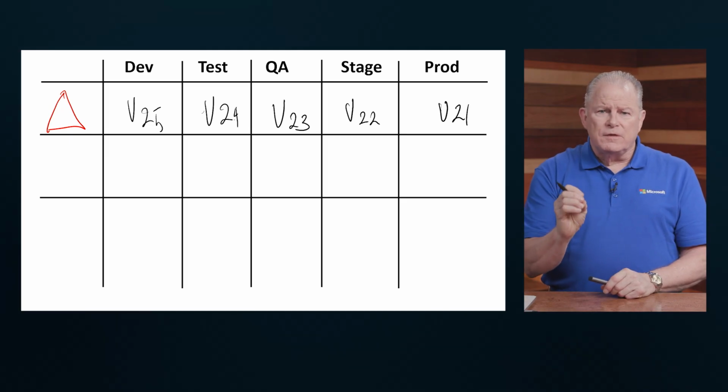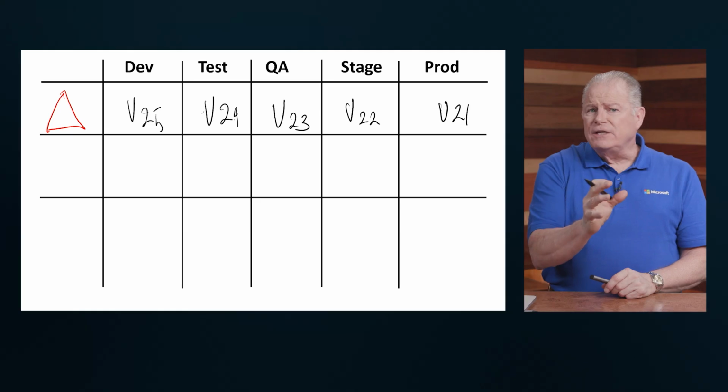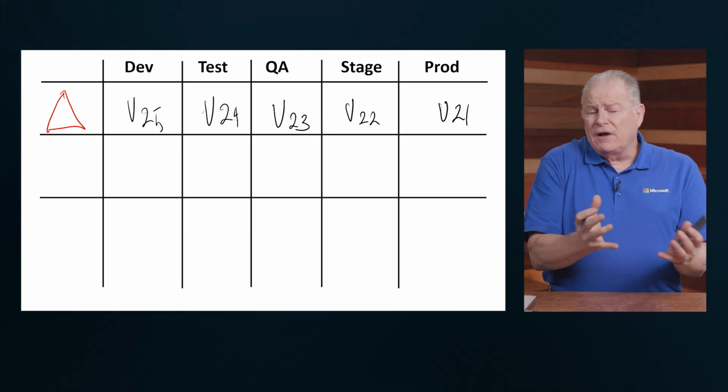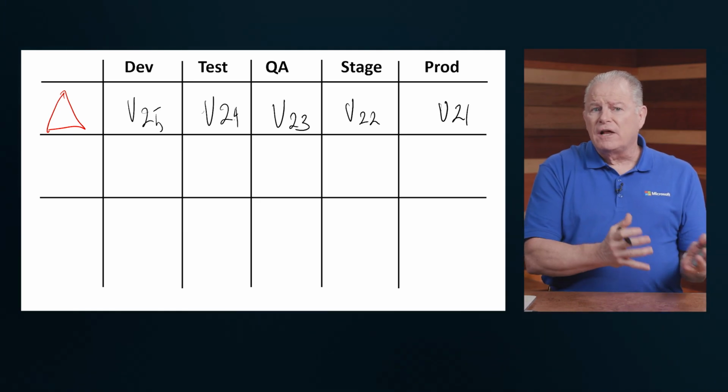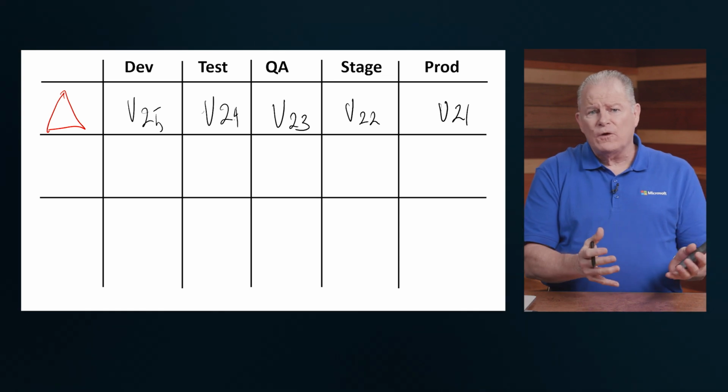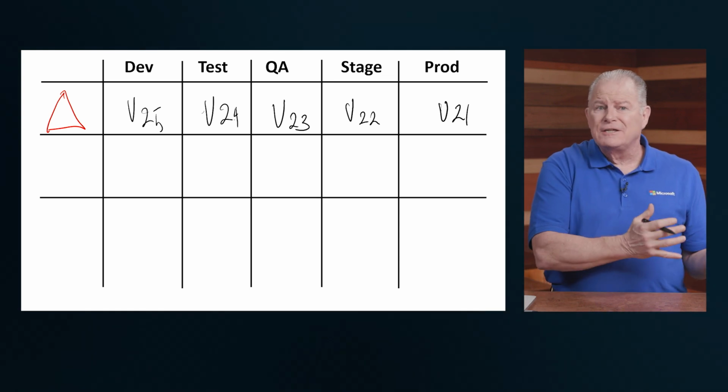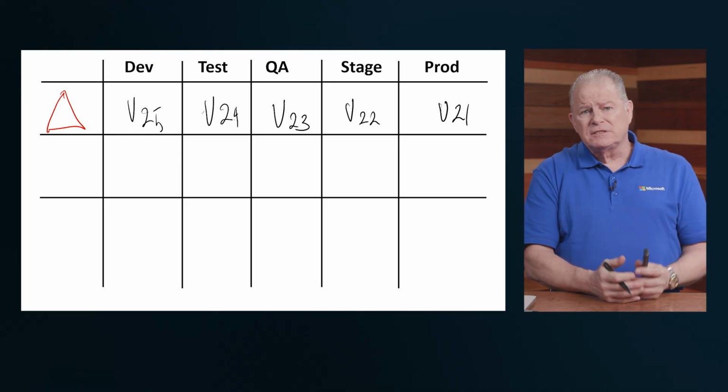As you move through this structure, for example, V25 in its development stage might be connecting to a development database. It may be using certificates or identities to connect to that development database. And tell me if this has ever happened to you.